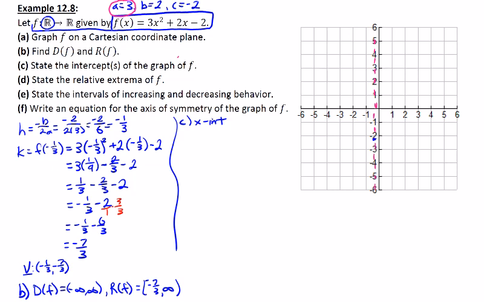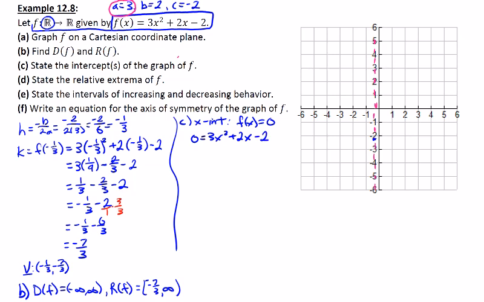So anytime you're trying to do an x-intercept calculation, you should just set the function equation equal to 0. So that means that we would have the statement 0 equals 3x squared plus 2x minus 2.